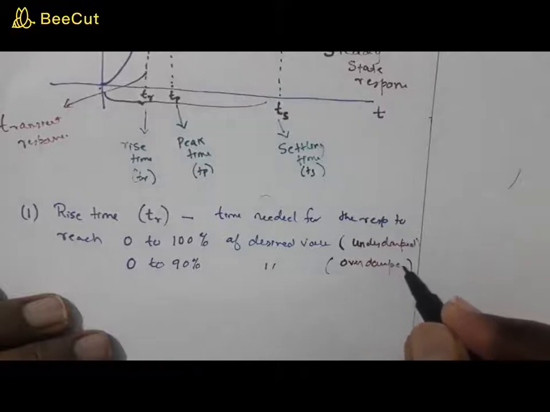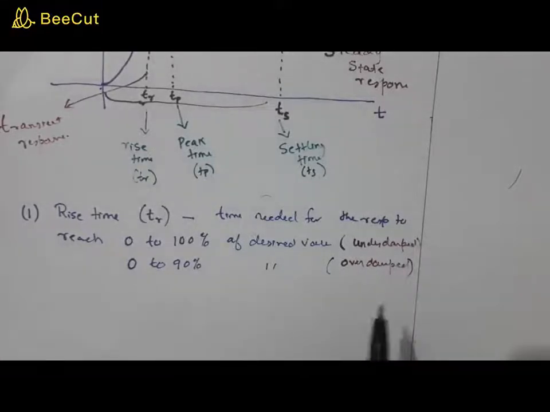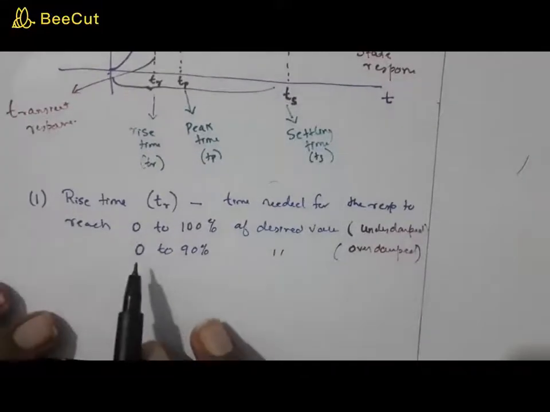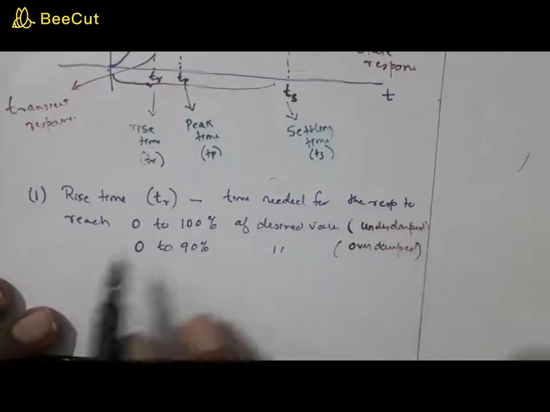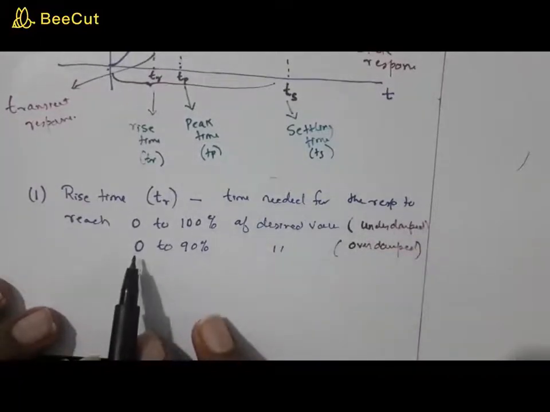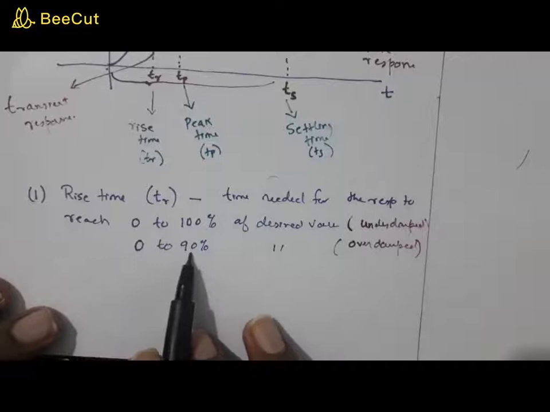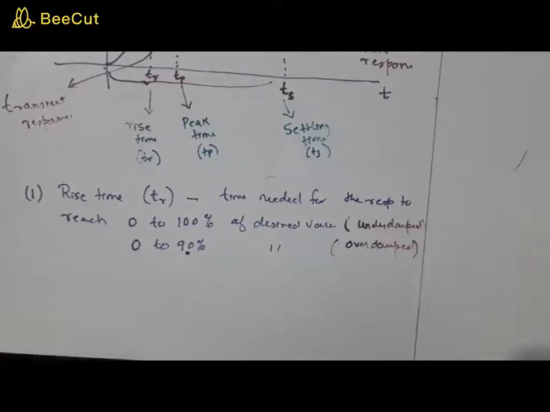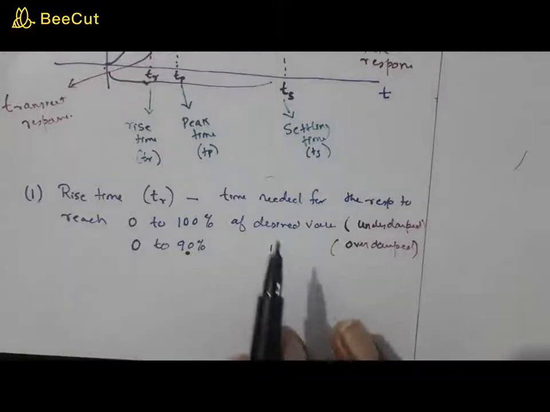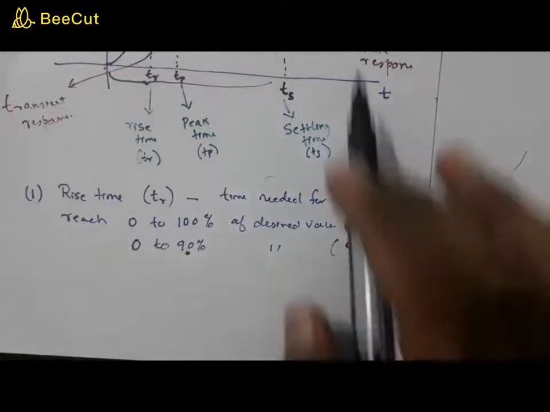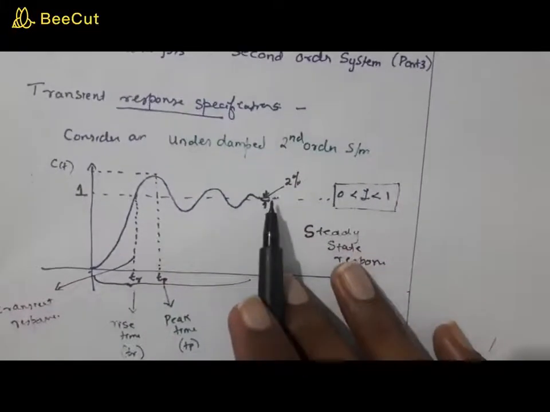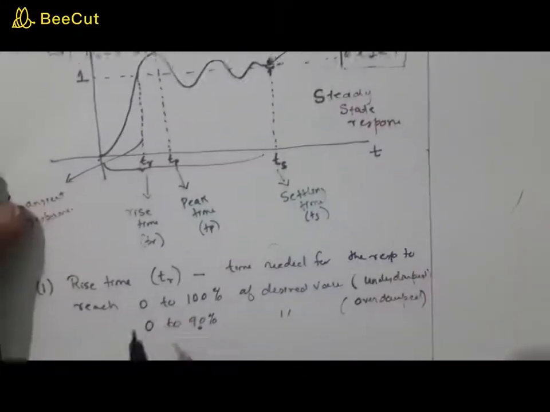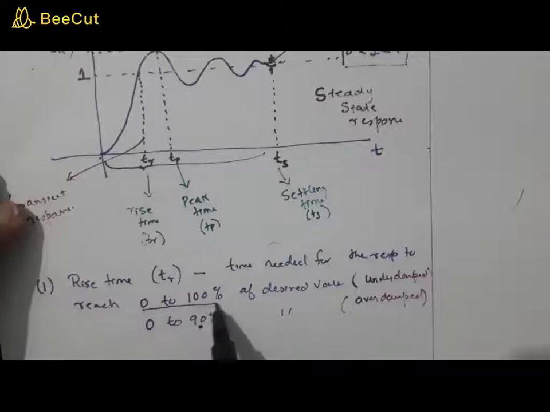That is, the rise time of an overdamped system is defined as the time needed for the response to reach 90% from 0. Now, this is a case of an underdamped system, so here we will be using the 0 to 100% definition.